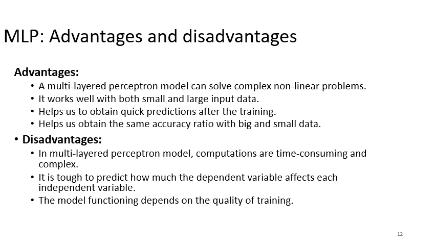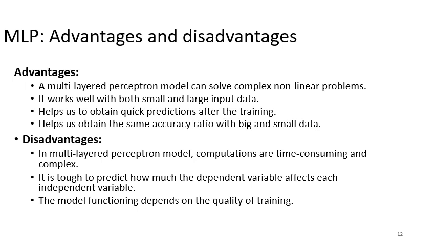It's not like the classical statistical methods where we have clear formulas and it's very easy to understand which feature is very important to make the decision of the final output. So it's tough for them to predict how much the dependent variable affects each independent variable.